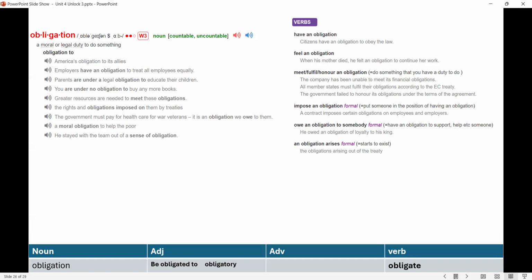Feel an obligation to. When his mother died, he felt an obligation to continue her work. Meet an obligation, fulfill an obligation, or honor an obligation. Or here we have obligations imposed on someone, a moral obligation or a sense of obligation.